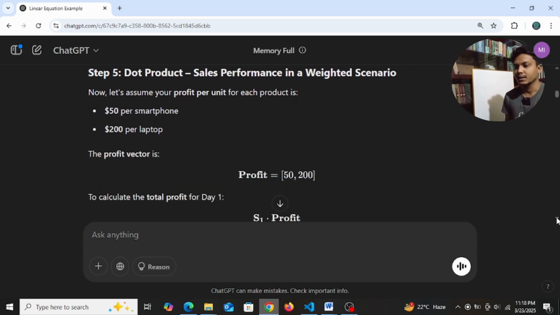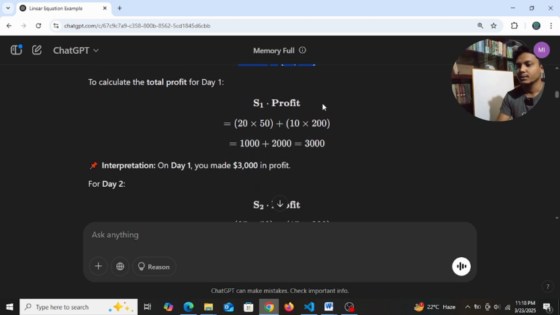Dot products, so sales performance in a weighted scenario. Now let's assume your profit per unit for each product is $50 per smartphone and $200 per laptop, okay. So we made another vector here. So now if we take s1 dot profit, so 20 into 50 and 10 into 200, because profit for both the products is different, 50 and 200.